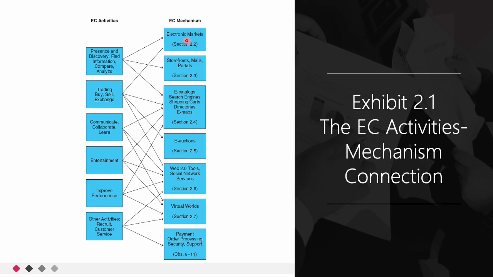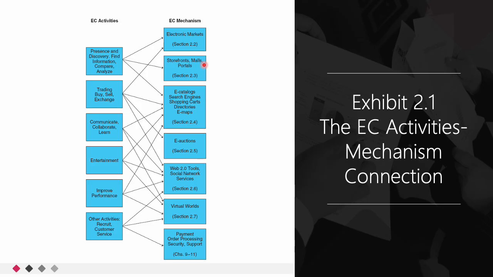The electronic markets are more like the online marketplaces where many buyers and sellers meet, like Amazon, eBay, Shopee in Taiwan, and then the storefront, the mall, and the portals. When we're talking about the storefront, it's more like a single brand's online shop, like Nike.com. If we're talking about the malls, then we're talking about a collection of stores.